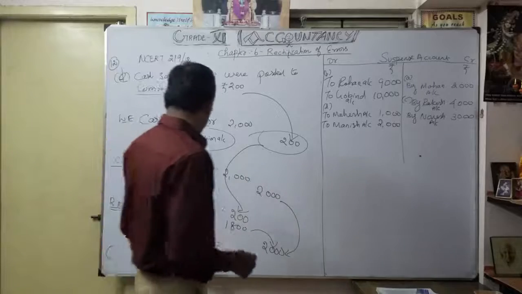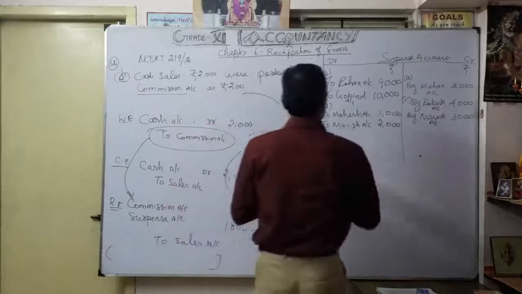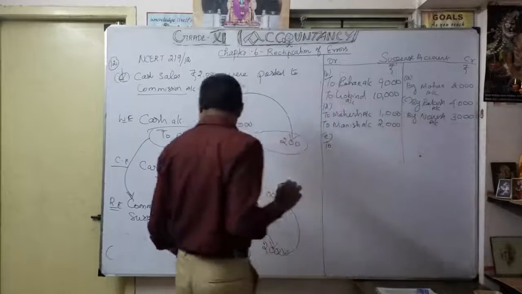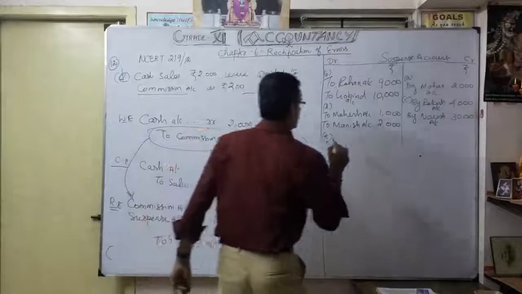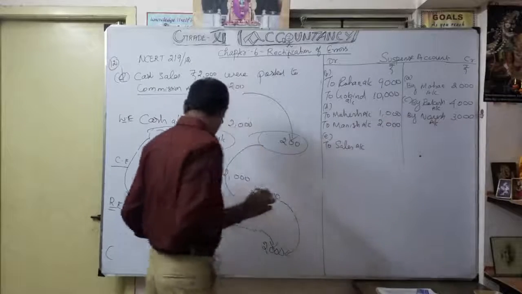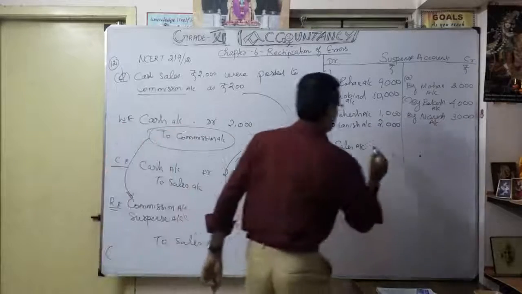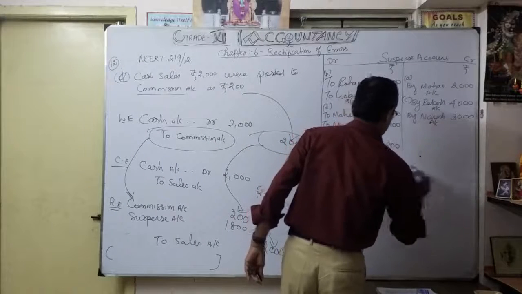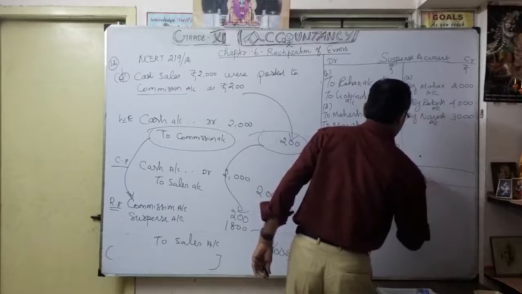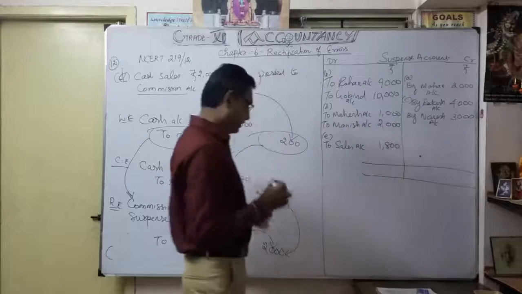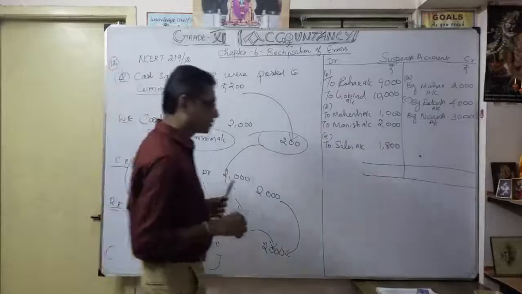Now how are you doing the posting? Now you see, on the suspense account side, E finally to sales account. How much is the suspense account debited? 1,800. Now understood, 1,800. So now we are going to tally. Let's see how the account comes.